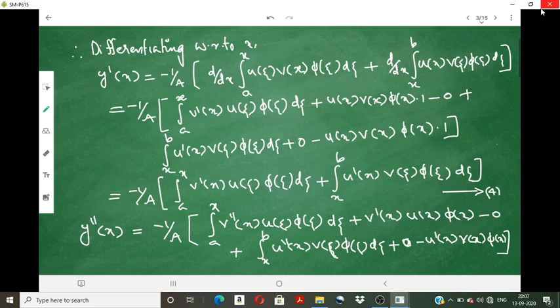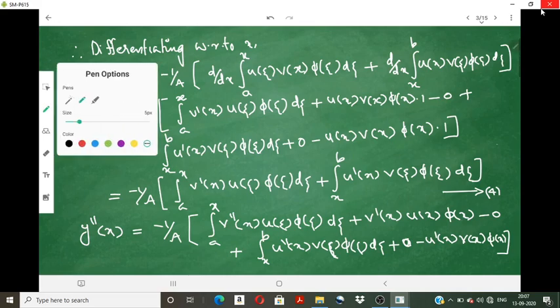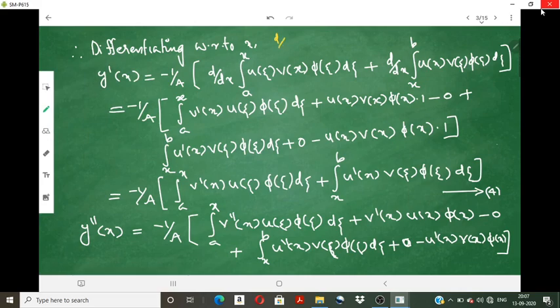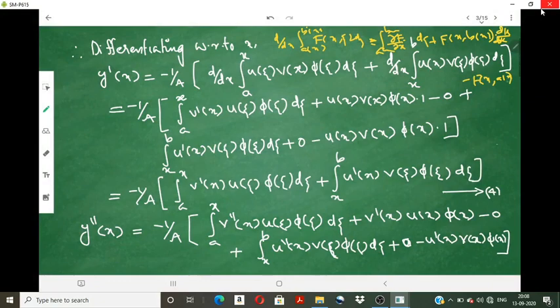By definition, the Leibniz rule is d by dx of integral a of x to b of x, f of x theta d theta, is equal to integral a of x to b of x, dou f by dou x d theta, plus f of x comma b of x into db by dx, minus f of x comma a of x into da by dx.